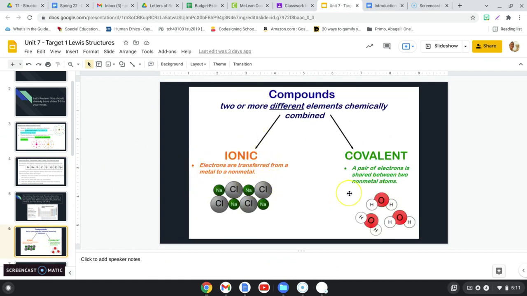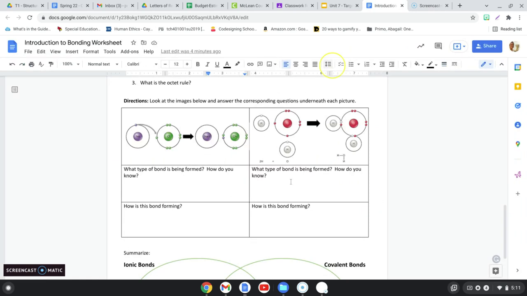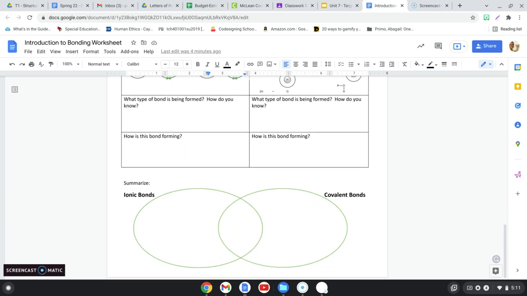If it's a nonmetal bonded to another nonmetal, it's covalent. So please pay attention to that as you answer these questions. When we ask how this bond is forming, you're going to tell me either the electrons are being transferred or the electrons are being shared. You might want to look at the differences between ionic and covalent bonds.